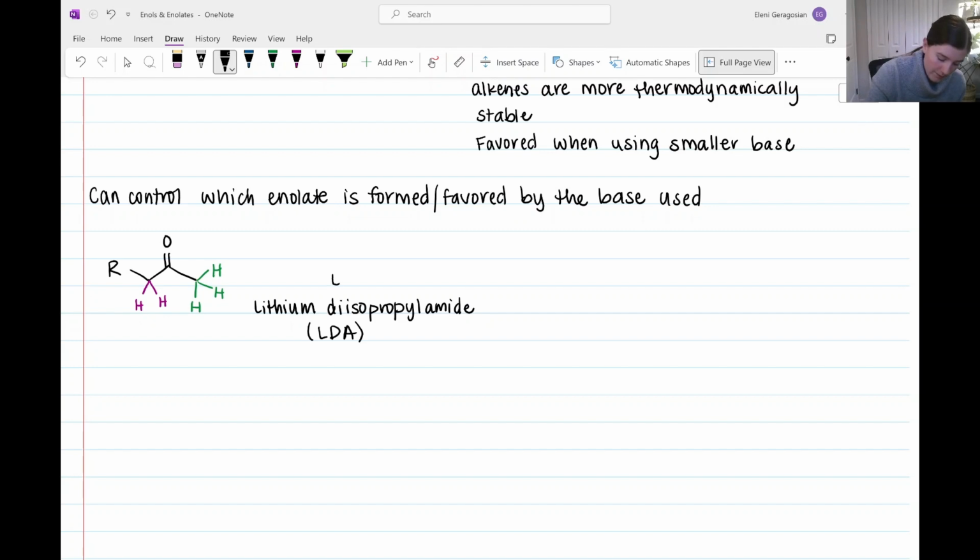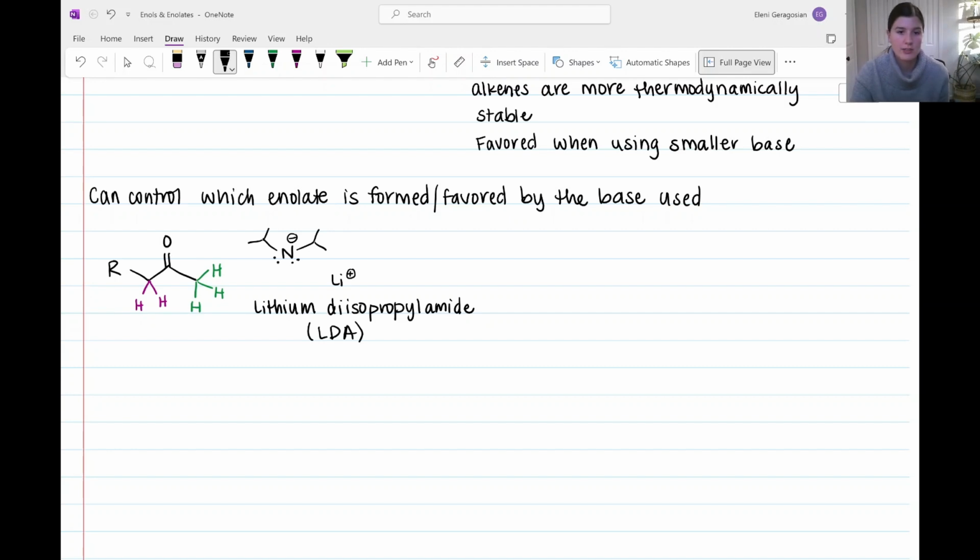Well, we have lithium. Lithium has a +1 charge. We have diisopropyl amide. We have a nitrogen with 2 isopropyl groups. And then we have a positively charged lithium, so we must have a negatively charged nitrogen.